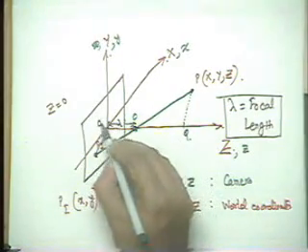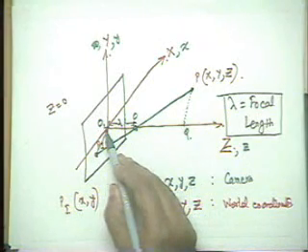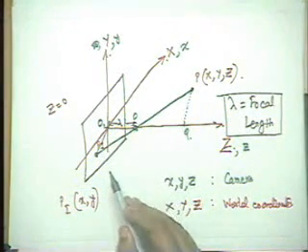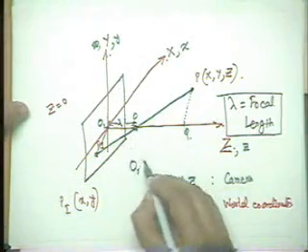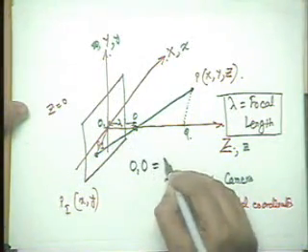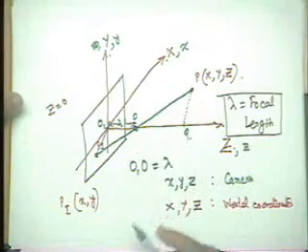Supposing this is O1, O1 is the center of the coordinate system over here, and O is the focal point. So, I already know that the O1 O distance is equal to lambda. And what is the distance OQ?